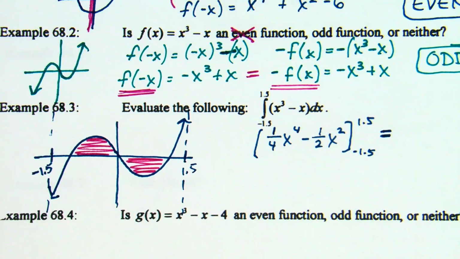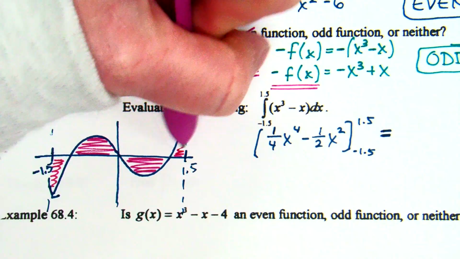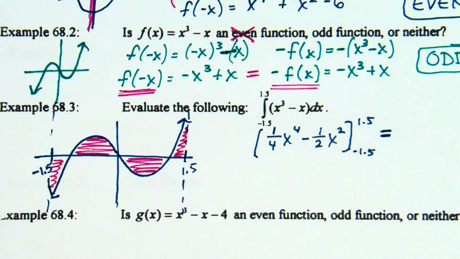And then what other places do we have to consider for the area between the graph and the x-axis? Triangle. Not drawn perfectly, but what's going to happen? They're all going to cancel each other out, right? We've got positive and negative of each type, so this is going to equal 0. The trait to realize is that because it is an odd function, it will equal 0. Again, if they asked us to find the area, we would have to consider this differently.